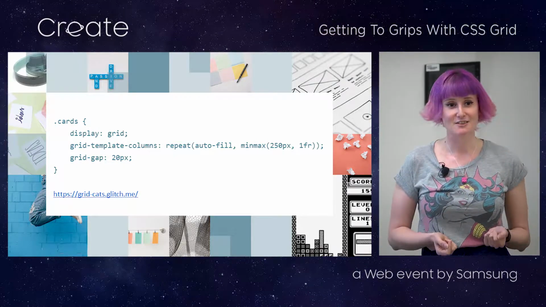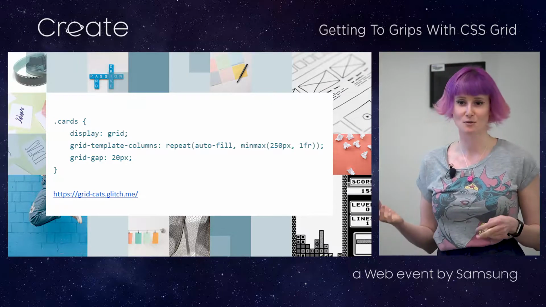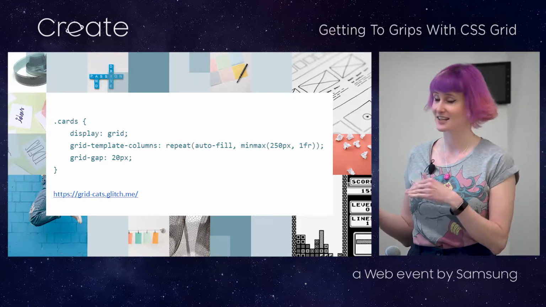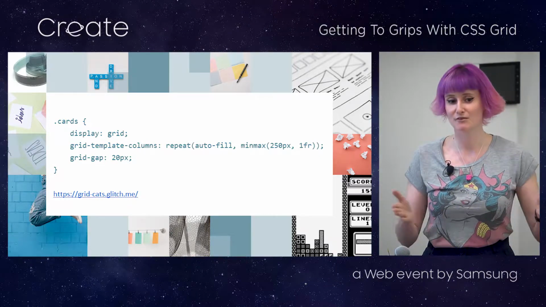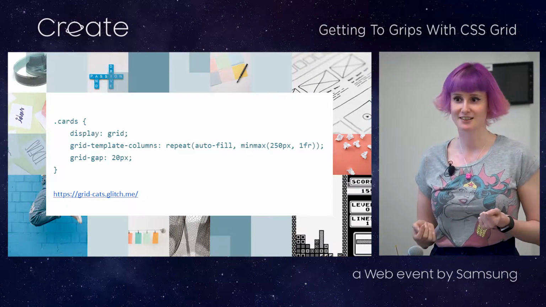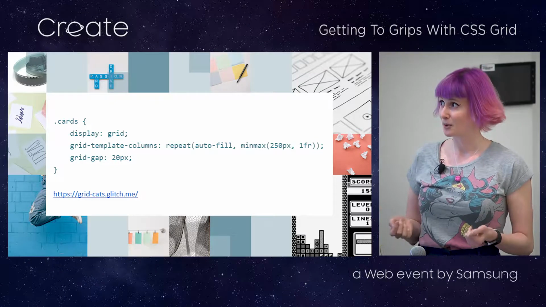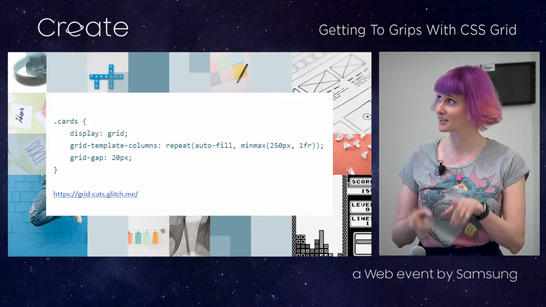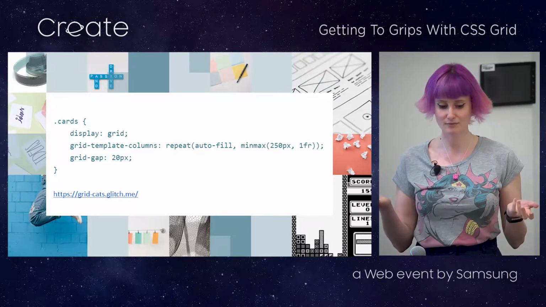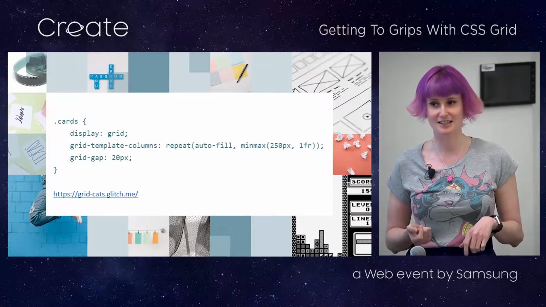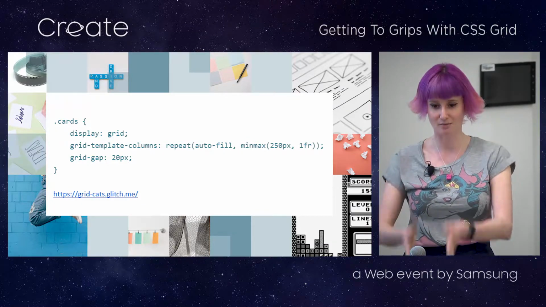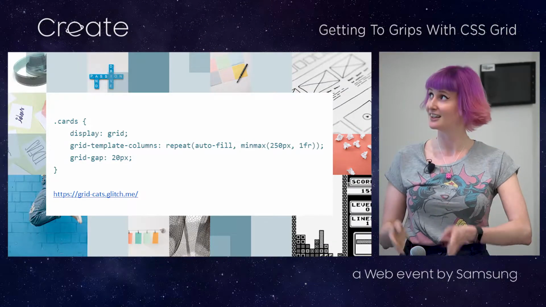Now an fr is a fraction unit. So what we're saying here is equally divide up the space into fractions and give one fraction's worth of width to that. So what's going to happen if we start at maybe a mobile size and we think about our design, we're going to have maybe a 320 wide screen, which is going to fit one column of 250 pixel images in it.